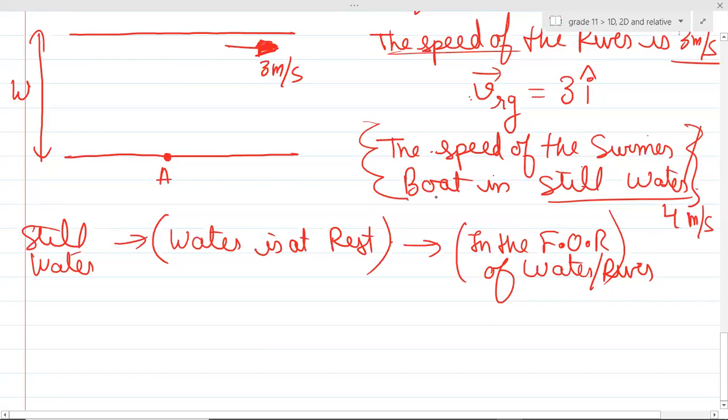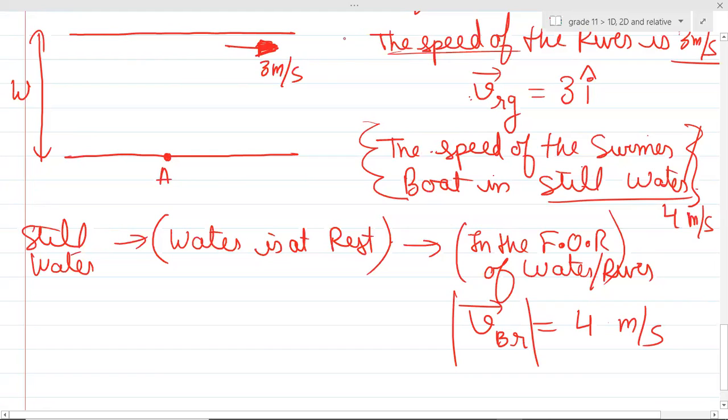Speed of the swimmer or boat is 4 meter per second. That implies they have given the magnitude of velocity of boat with respect to river, and that is equal to 4 meter per second. Is this clear, guys?